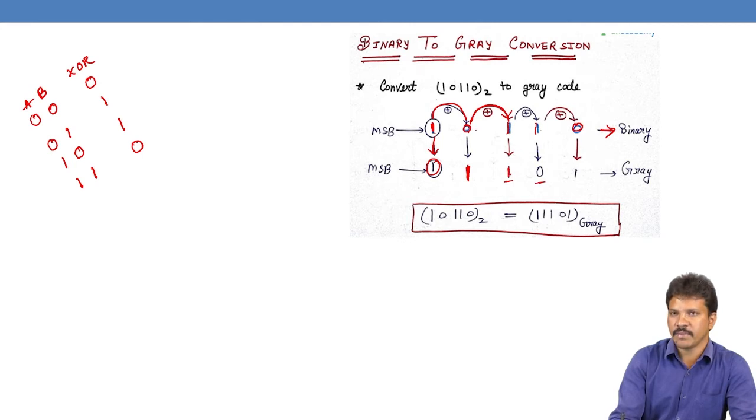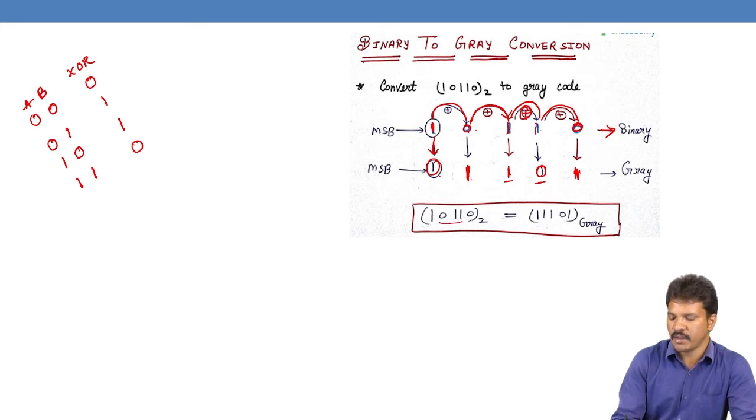Then XOR 1 and 1, which is 0. And next, XOR this number with the last number, 1 and 0 gives 1. In this way we get 1 1 1 0 1 as the gray code for the given binary number.